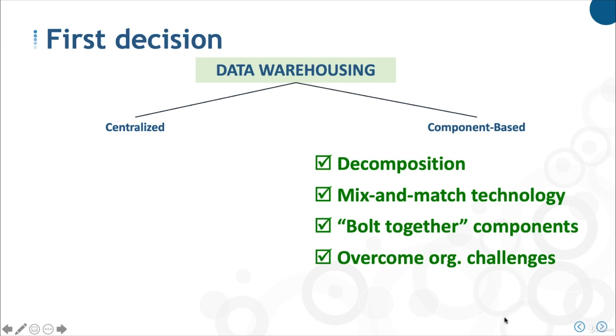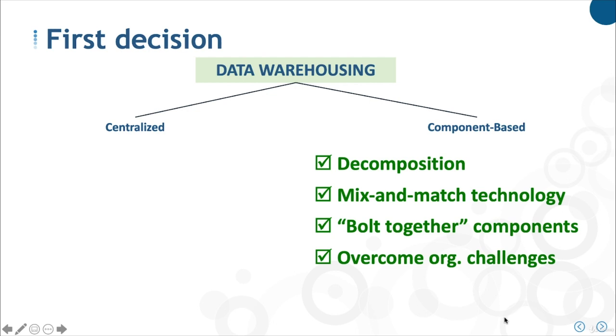As you incorporate new pieces, you can take advantage of new versions of databases or data environments, new business intelligence tools on top of the data warehousing environments, a mix and match approach if indeed that's what you're after. If you do component-based data warehousing correctly, you can essentially bolt together various components.